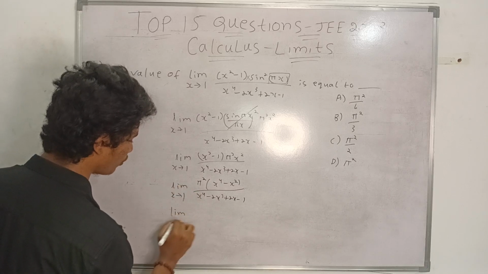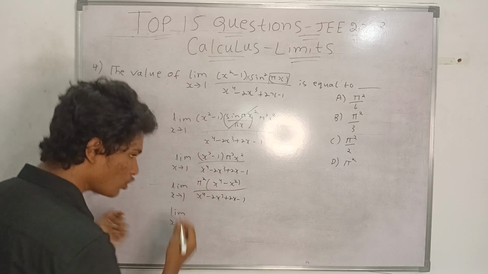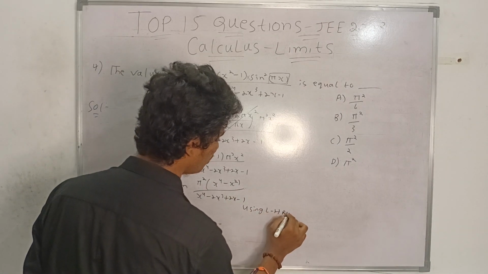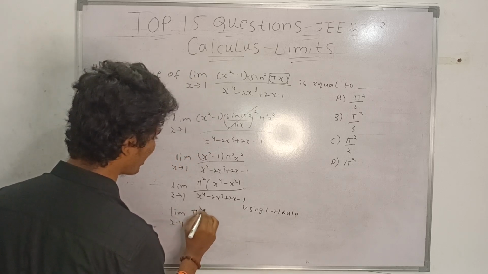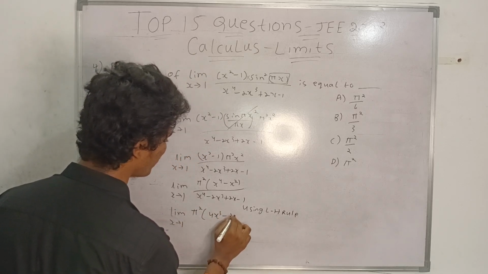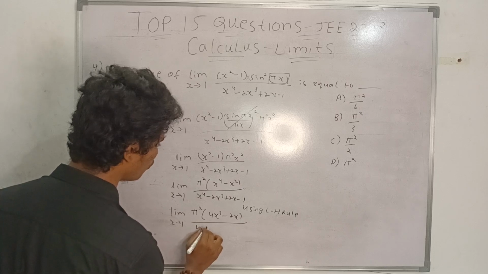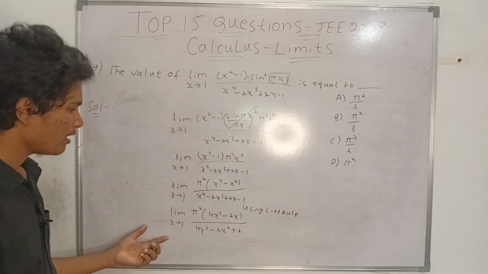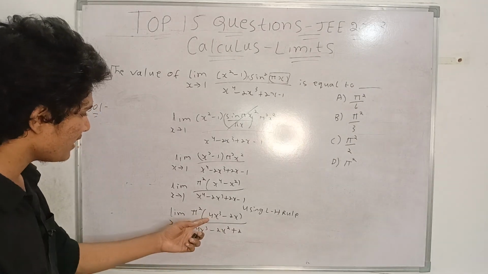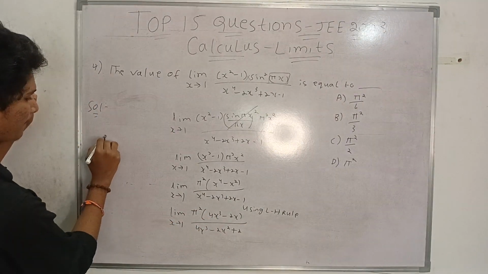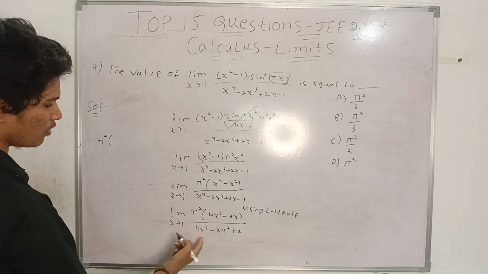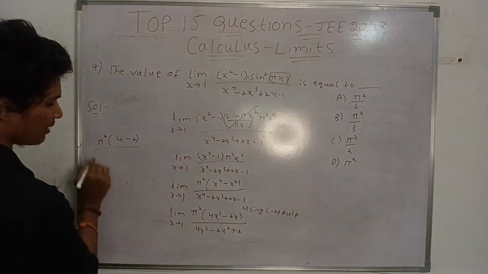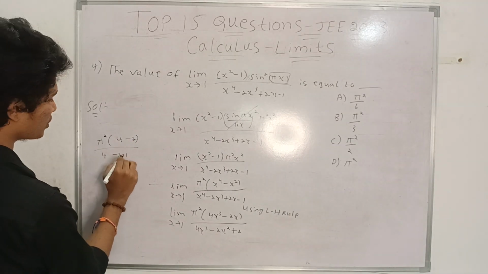Using L'Hopital rule, differentiating the numerator and denominator, it will become 4x cube minus 2x divided by 4x cube minus 6x square plus 2. And again check, when x is 1, that is pi square into, when it is 1, what will it become? 4 minus 2 divided by 4 minus 6 plus 2.